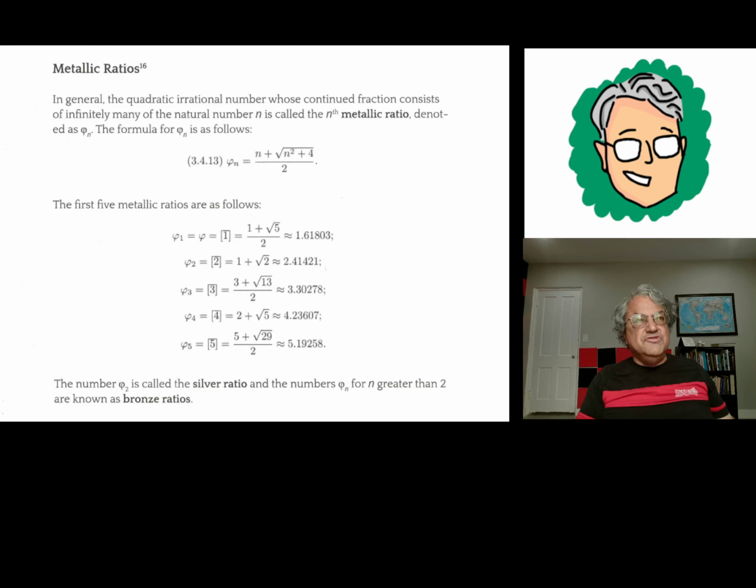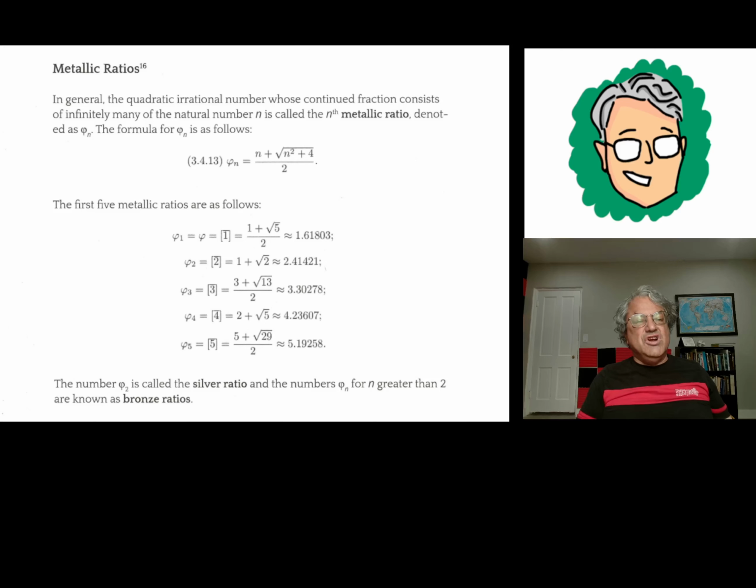Starts out 1, 2, 5, 12, 29, 70. And then there are also what are called half companion Pell numbers: 1, 3, 7, 17, 41. You can get very good approximations to the square root of 2 using these integers. And you can get good approximations to the square root of n using the integer sequences corresponding to the nth metallic ratio. I'm not going to go into that today, but you can.